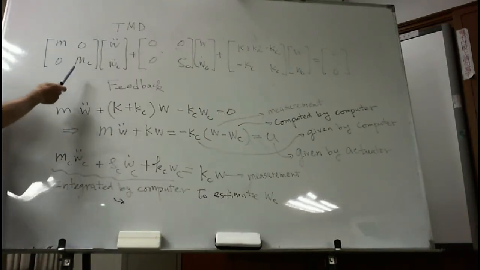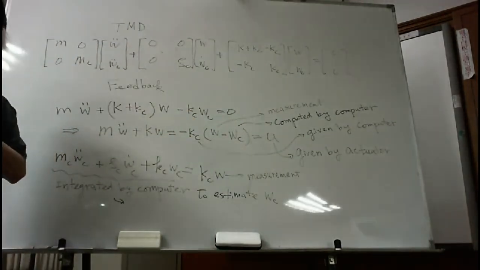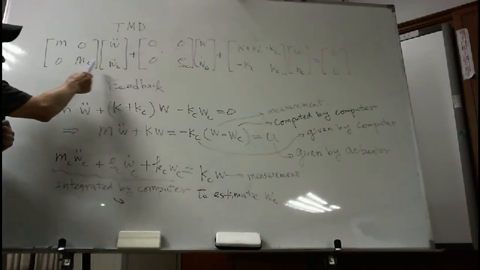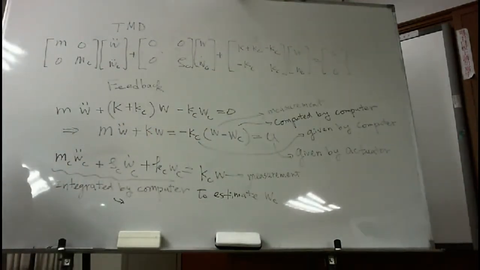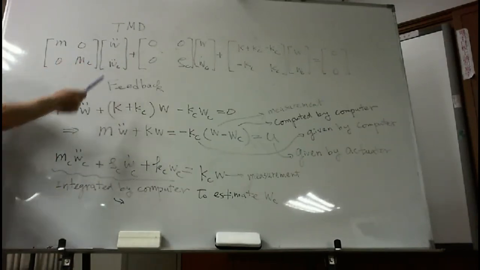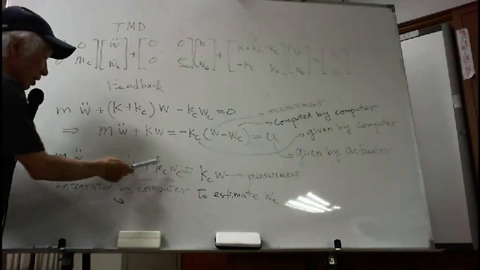In a passive system, you cannot change this, you cannot change that. Like in the TMD in 101, this is fixed, this is fixed, this is fixed. Now, when you implement the TMD by feedback, you are allowed to change some parameters, though not others.